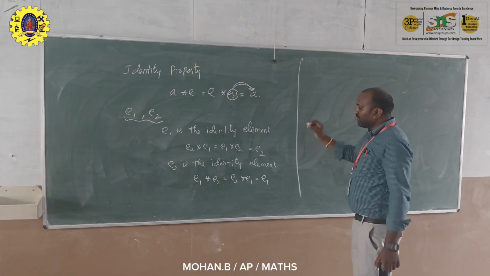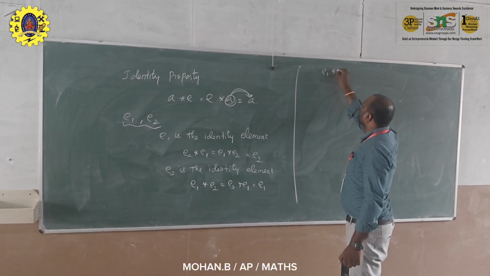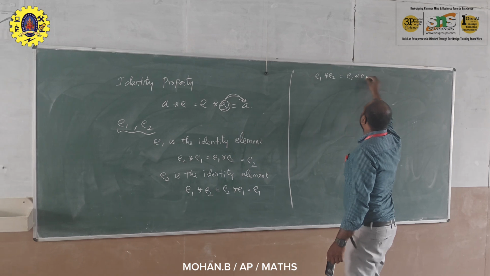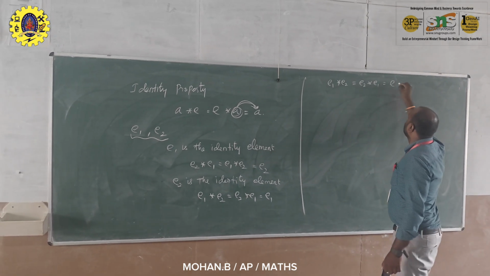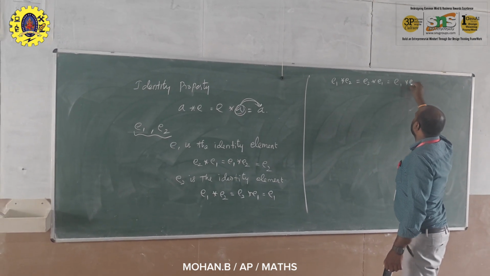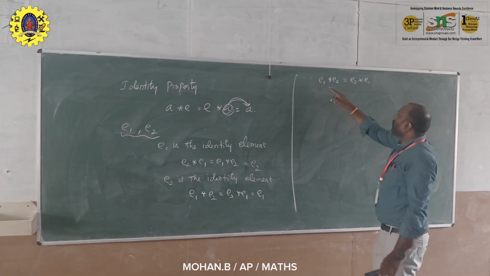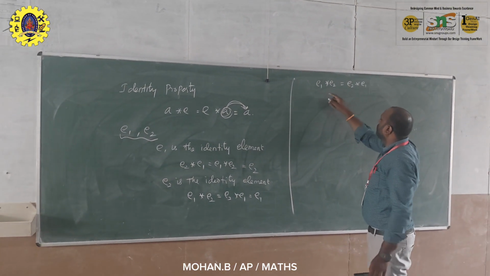So here E1 star E2 is equal to E2 star E1.